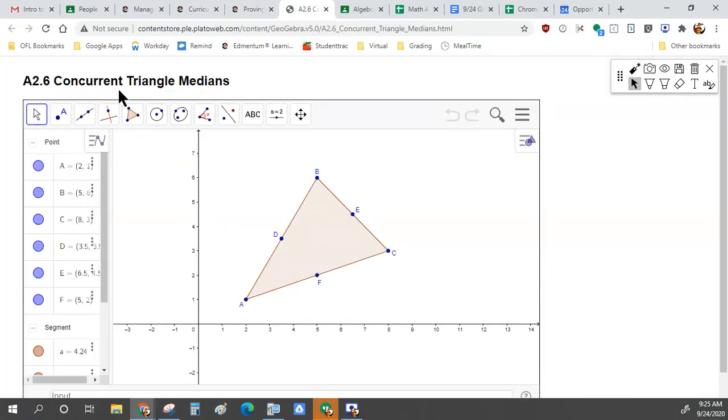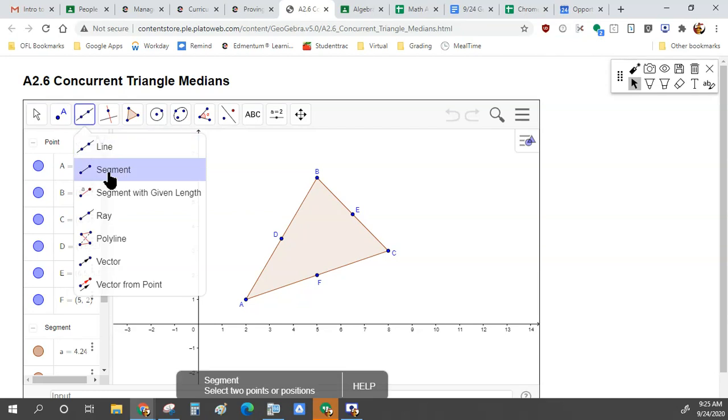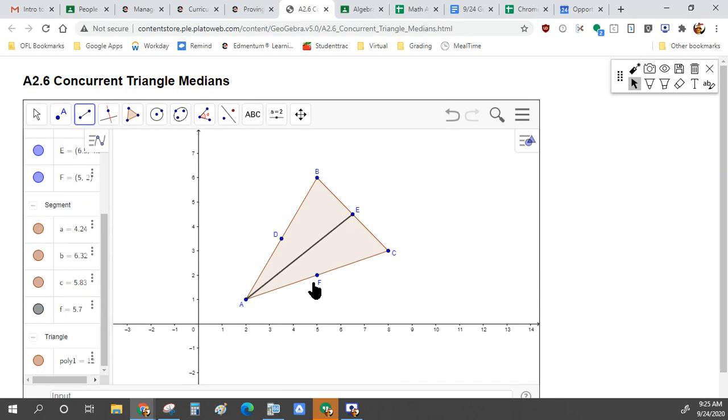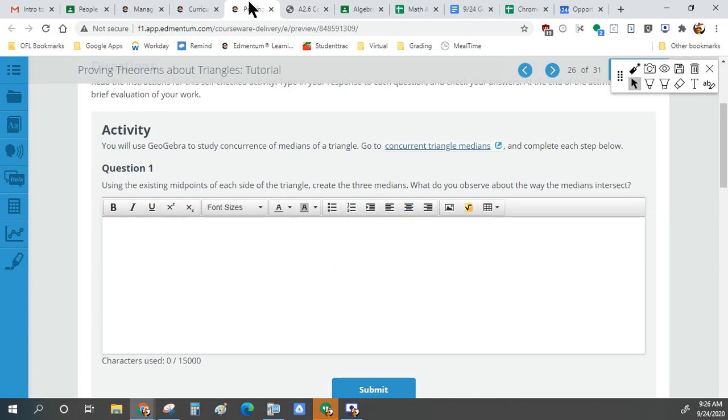So the definition of a median, we're going to take a line segment from the vertex to the opposite midpoint, and then we're going to create this point right here in the middle. So it always creates a point. Luckily, they all intersect. It could be possible for them not to intersect, but when it comes to triangles, they all intersect in here. I believe they're going to tell us the name of that sooner or later. Using this, what can you observe?